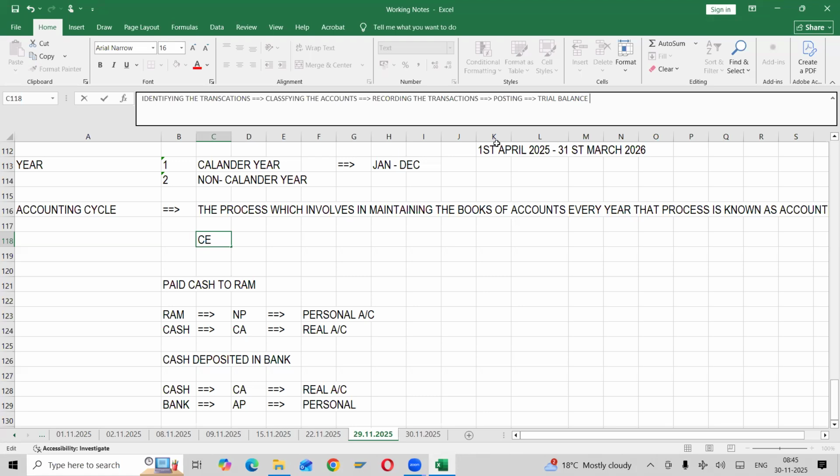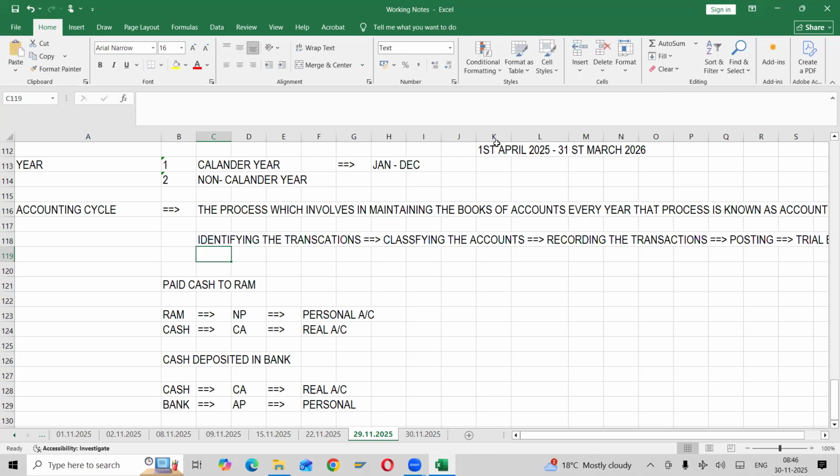And after that, at the year end, in the month of March or February ending, we will close our books of accounts with the preparation of final accounts. I'll explain what final accounts means and why it is known as final accounts. All of that we will discuss next week.